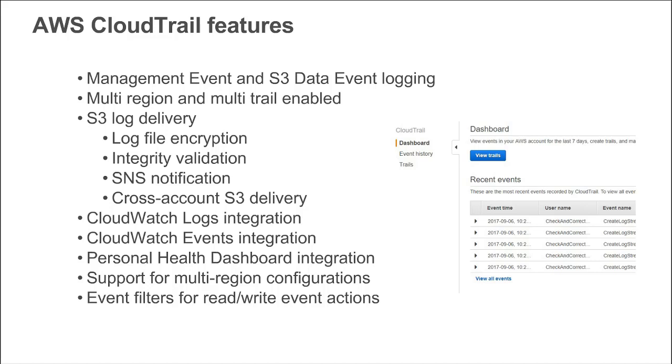This feature is useful in detecting whether your log files were unchanged, modified, or deleted since CloudTrail delivered them to your bucket. You can use log file integrity validation in your IT security and auditing purposes.